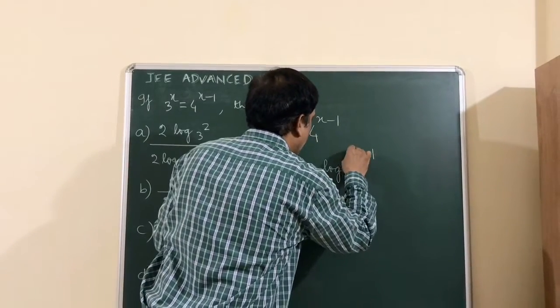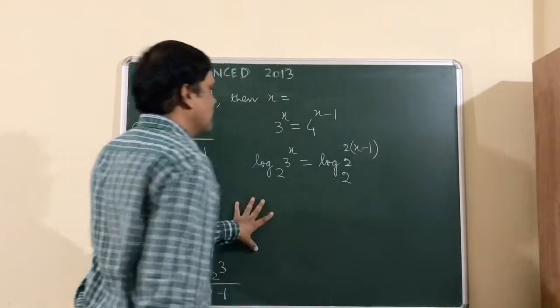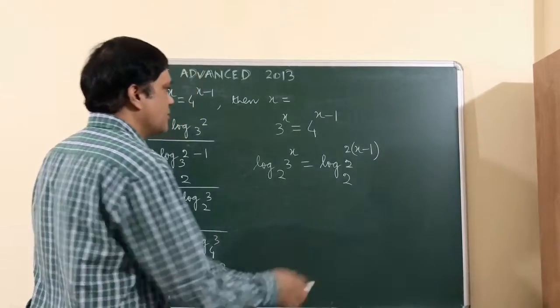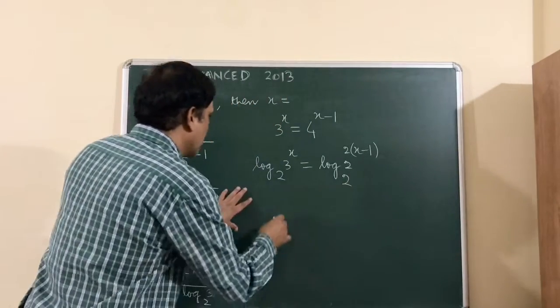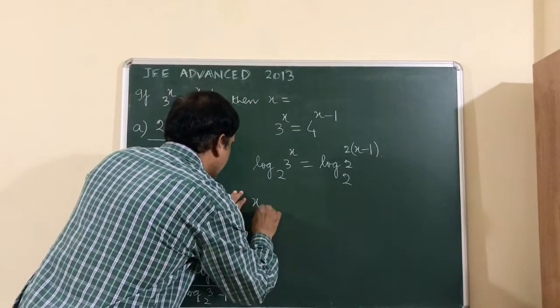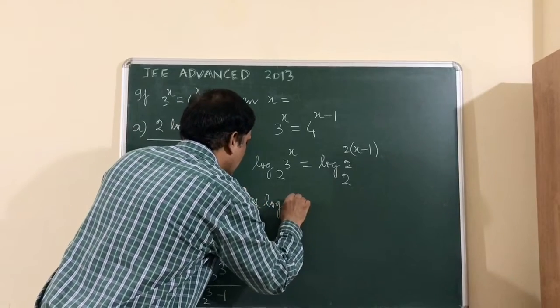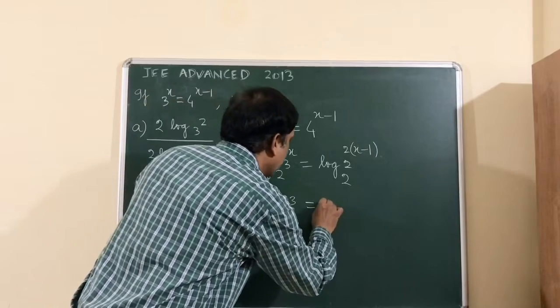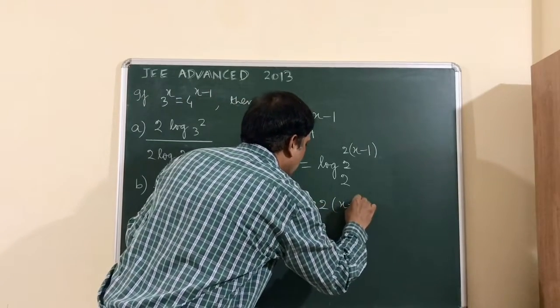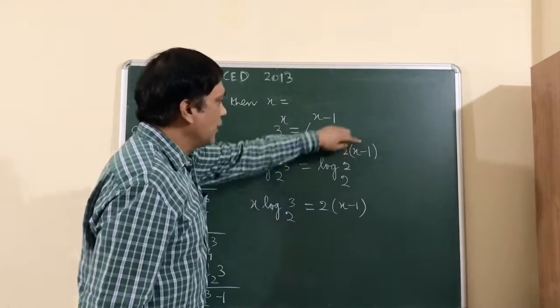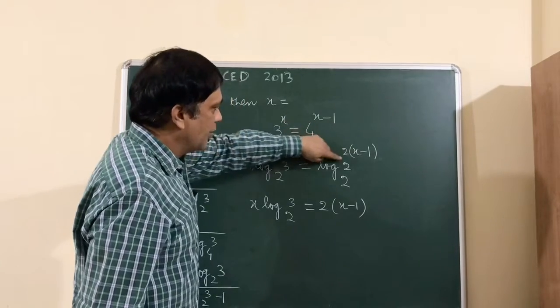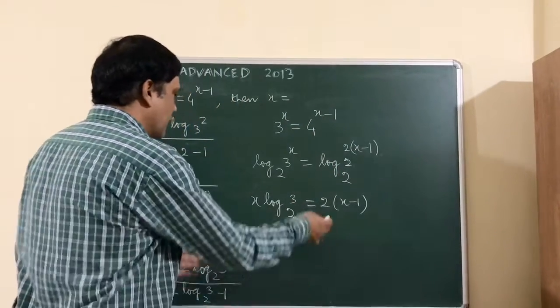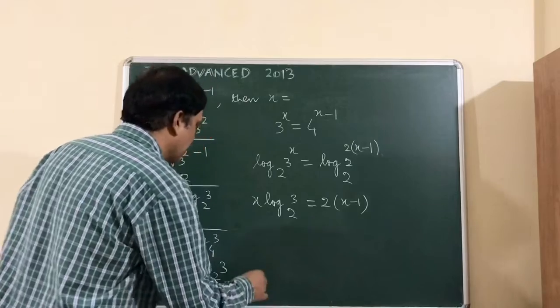So 2 we can bring over here, and that is 2 into x minus 1. Now you can write this as x log 3 base 2 using the properties. You can watch the earlier lectures if you want to see the properties again. 2 into x minus 1 will come over here and log 2 base 2 will be 1.